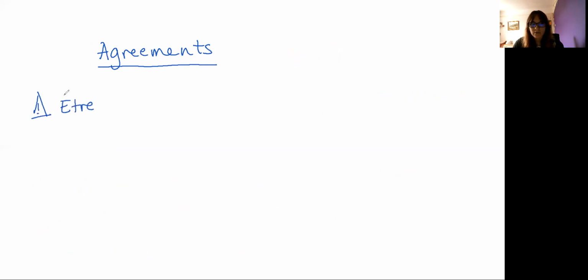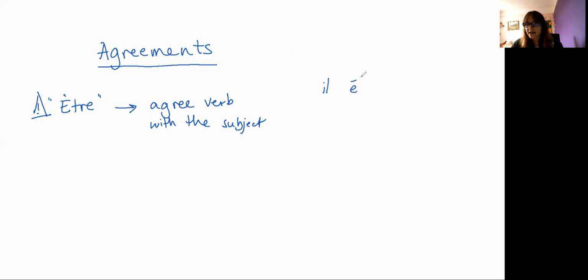Now, in terms of the agreement, it's going to be the same rules as in the perfect tense, meaning that with être, you're going to agree the verb with the subject. So an example here, il était allé, he had gone.